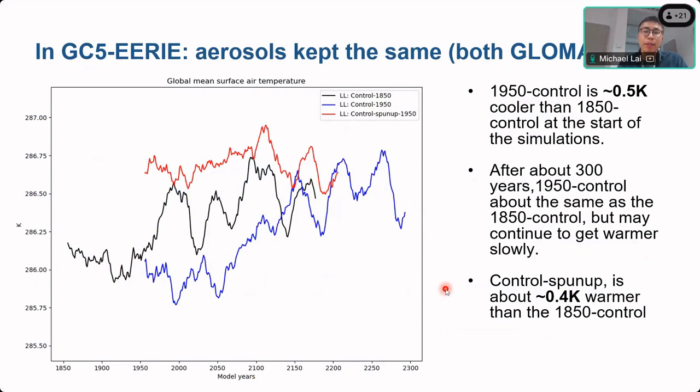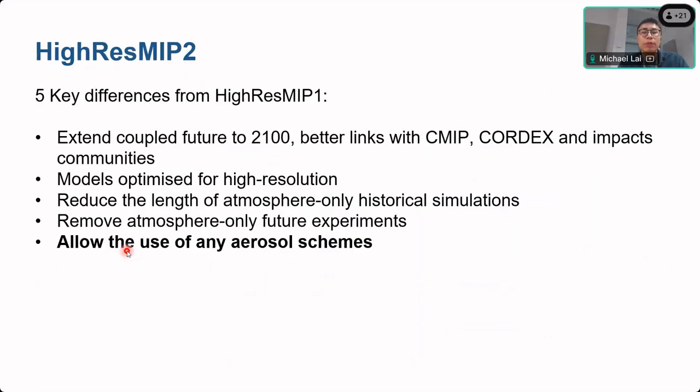We have begun doing that, and the red line here shows what the 1950 control looks like if the ocean is fully spun up, which is what you expect. It's slightly warmer than the PI control. And the difference between the red and blue line shows you the impact of the spin-up length. That's all I've got at the moment.